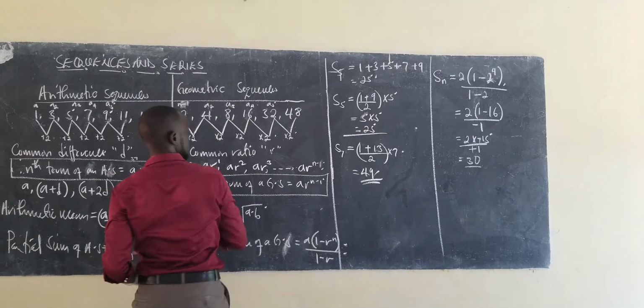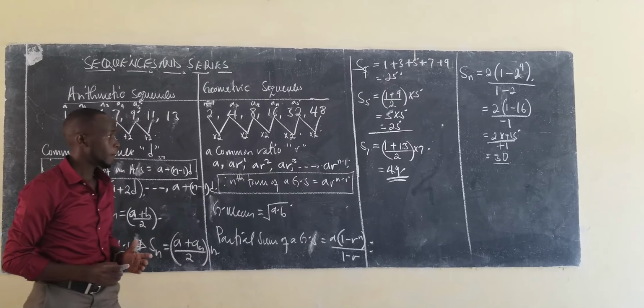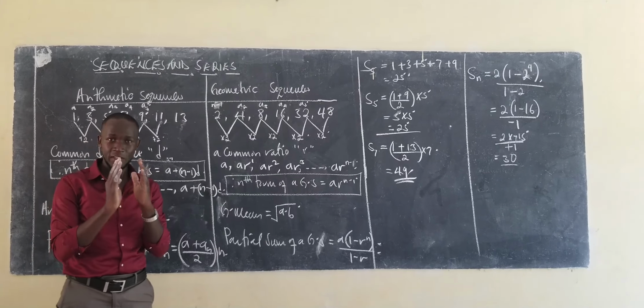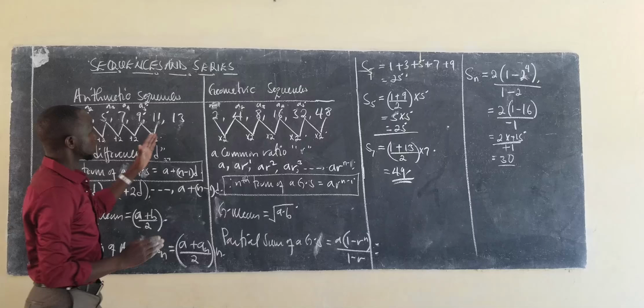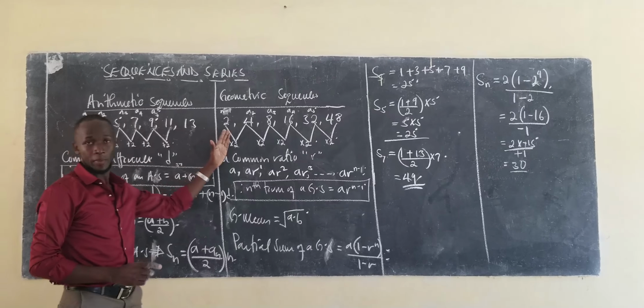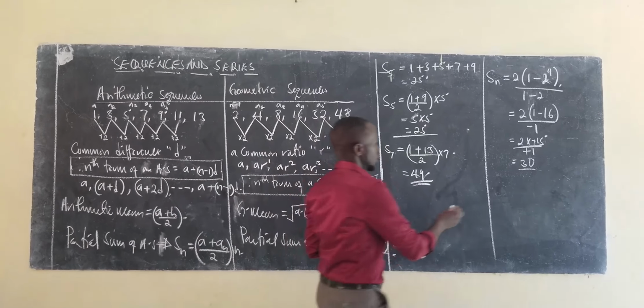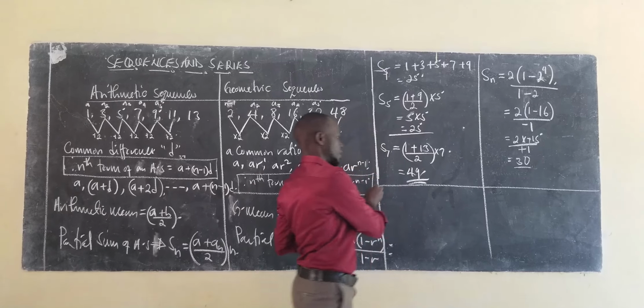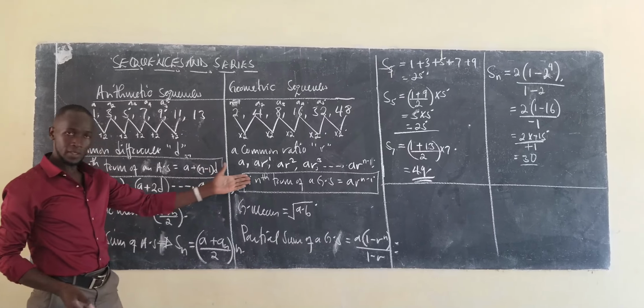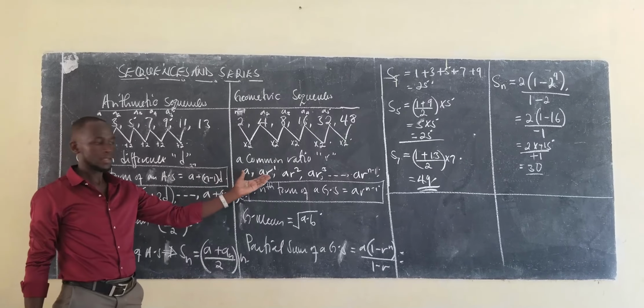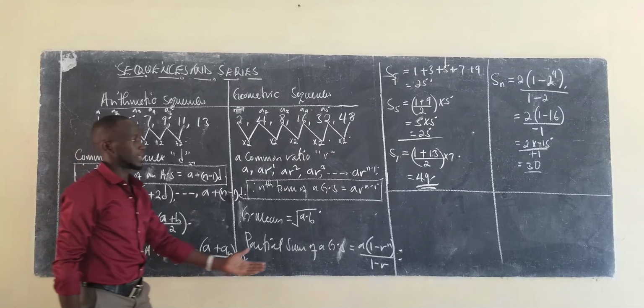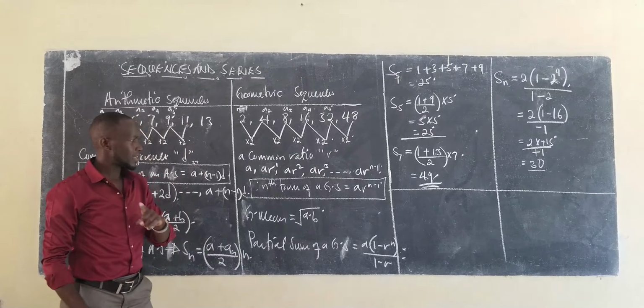With this, allow me to call it a sequencing. We said we have two types, the arithmetic and the geometric sequences. Then we've seen how to get the arithmetic mean, geometric mean, the nth term, and then the partial sum. Now, there is one thing that you need to know still.